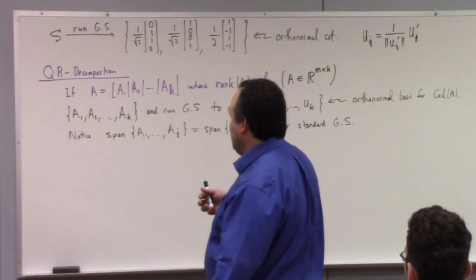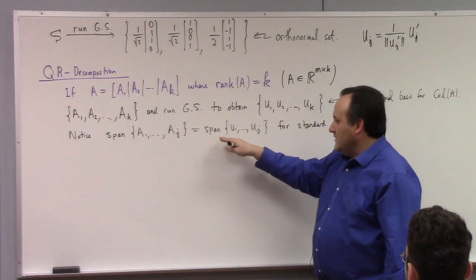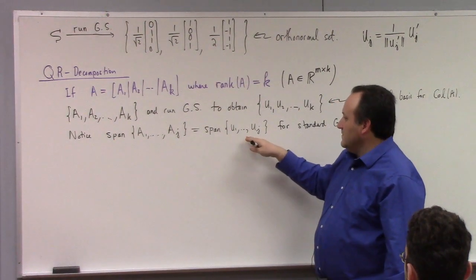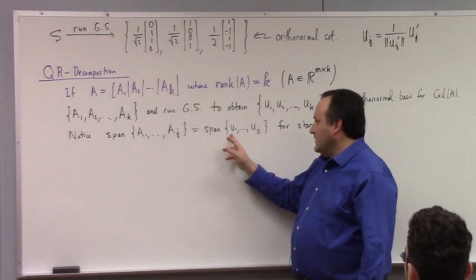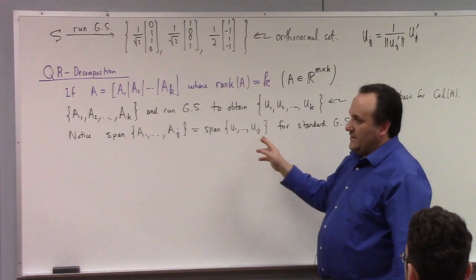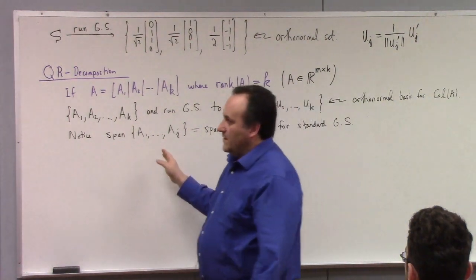Well, let me just say this. To see that this is true, it is fairly easy to demonstrate that you can write U primes as linear combinations of the A's from before.